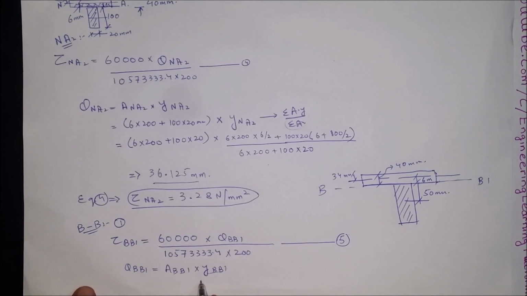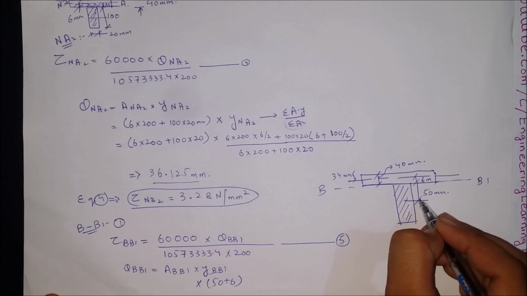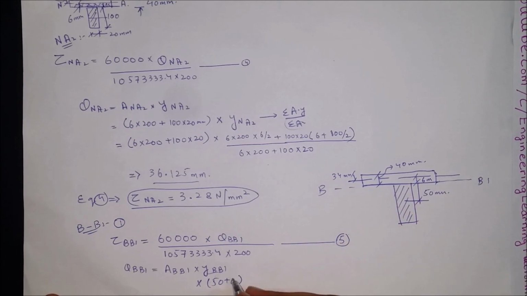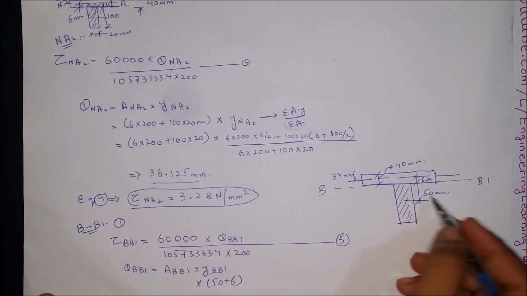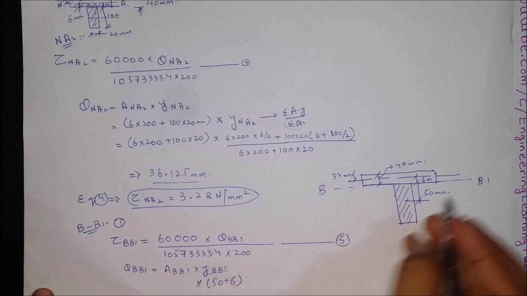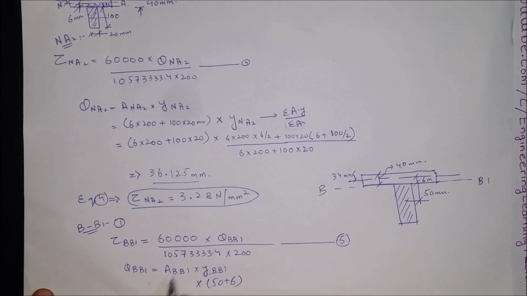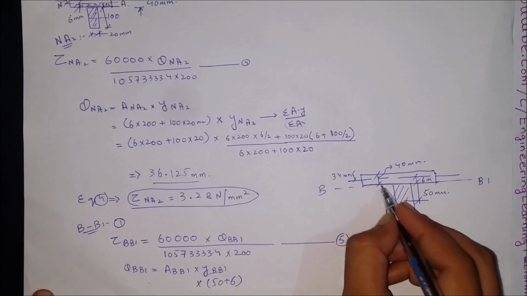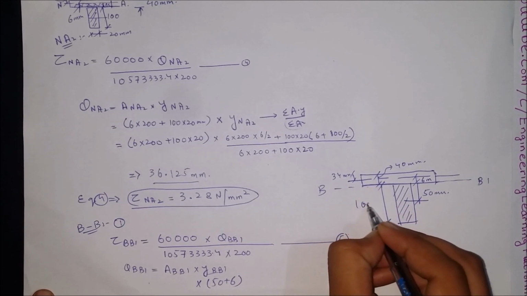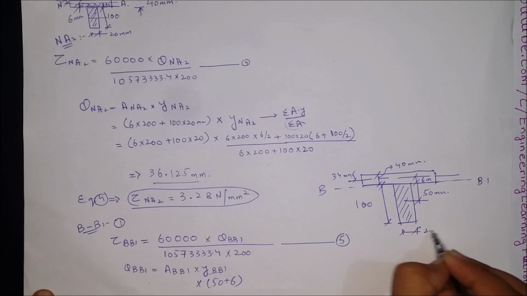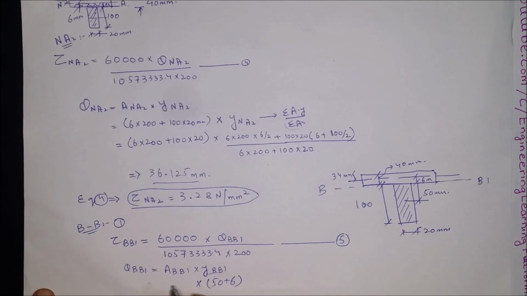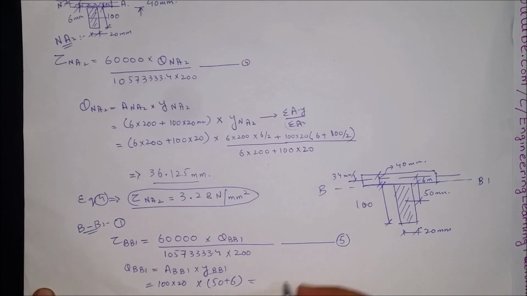So this will be 50 plus 6 millimeter, the distance from centroid of whole body to the shape centroid under consideration, and the area below fiber B is simply 100 multiplied by 20 millimeters. The QBB1 comes out to be 1120.